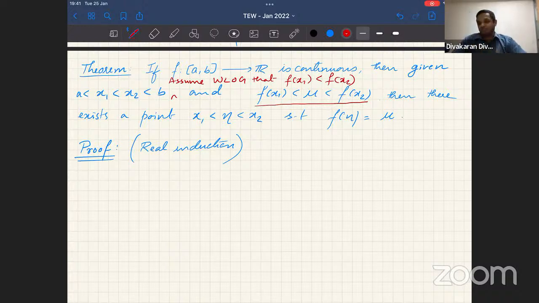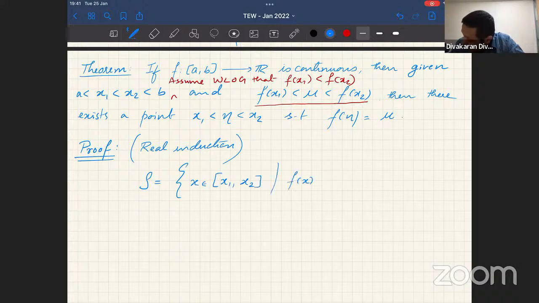And then I'm going to say that if mu is a value between f of x1 and f of x2, then so and so happens. Now, given this, I'm going to define my set. How am I going to define my set? My set is the set of all elements in the interval x1, x2, such that f of x is less than mu.